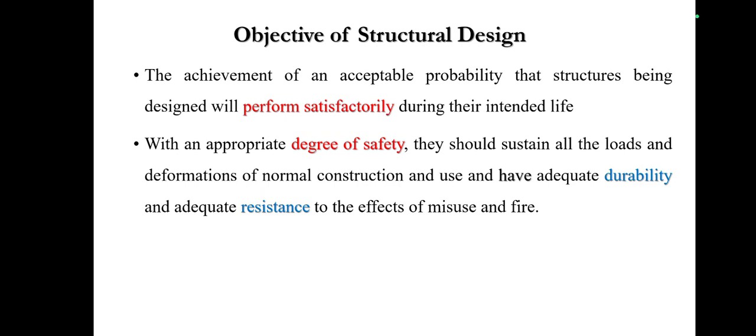Next, they need to transfer the load safely. Deformations and deflections can take place, but within the permissible limit, and the structure should resist durable conditions. What are durable conditions? It is how the structure performs in different weather conditions, and you need to take care of that.